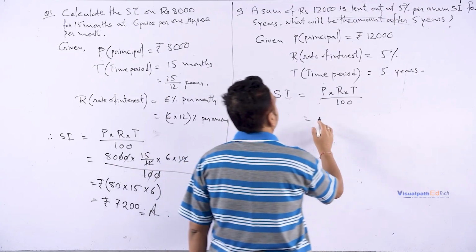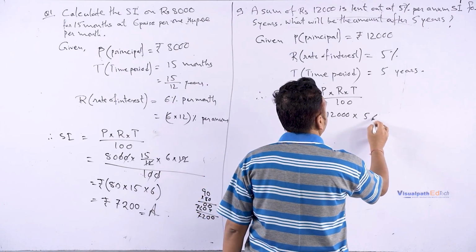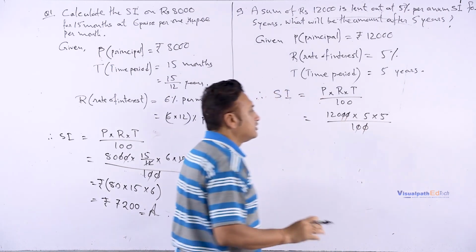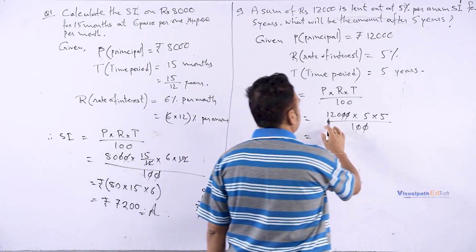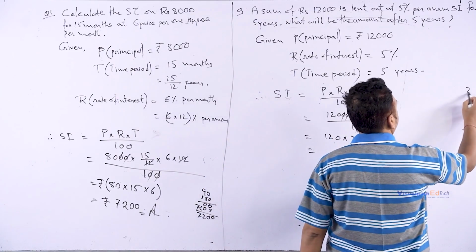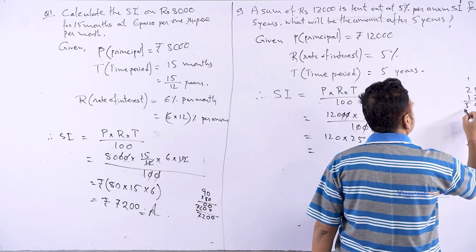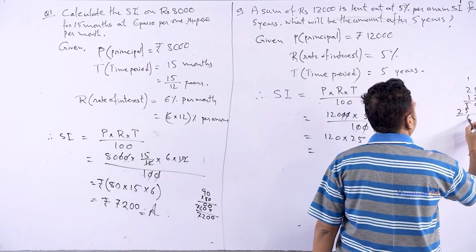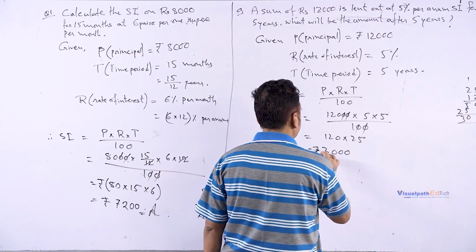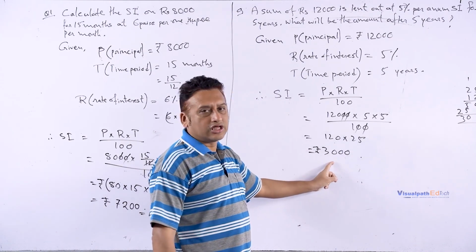So, we are going to write 12,000 into 5 into 5 divided by 100. 2 zeros can be cancelled, and then we will have 120 into 25, which is equal to, if we do the calculation, 3,000. So, that is the simple interest. Simple interest is rupees 3,000.